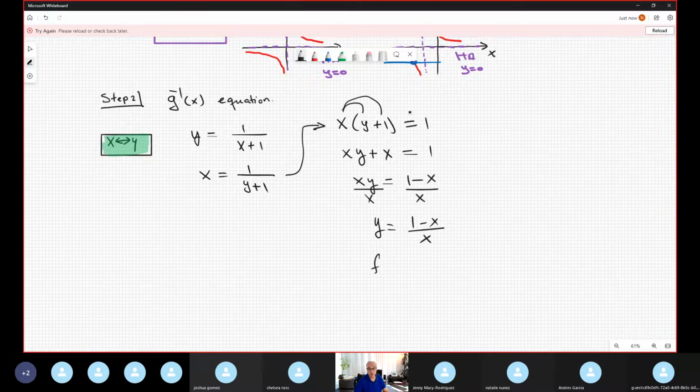And this is the inverse equation. It's not f, it's g, the name of the original. So the g inverse function is (1 - x) over x.